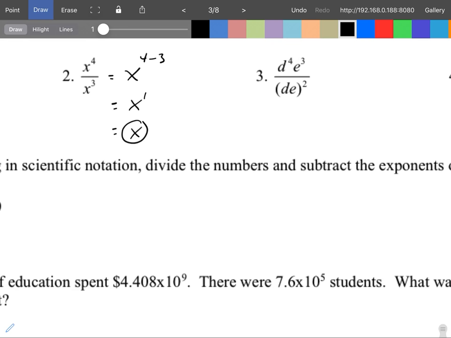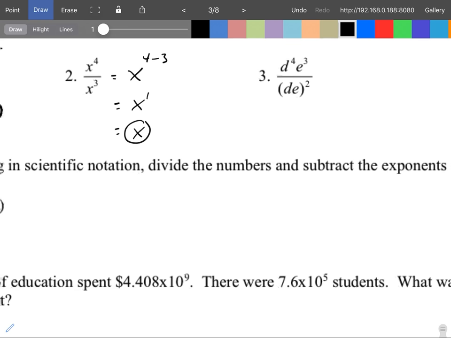So the third one, the first thing you'd have to do is use one of the rules from yesterday.